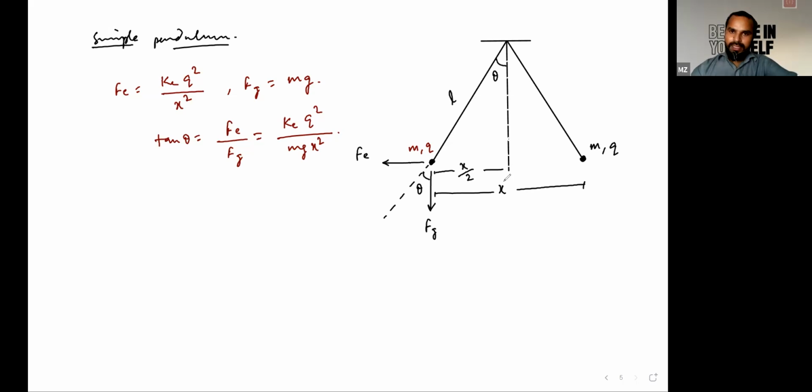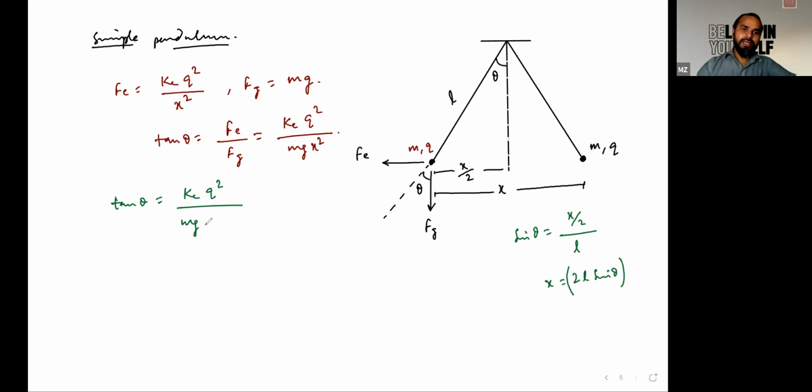Yes, sir. Now in this triangle, here we have theta, this is your perpendicular and this is your hypotenuse. So sine theta is perpendicular over hypotenuse, so x equals 2 times L sine theta. Just put the value of x in this expression. It will be tan theta equals K Q square by mg times 4L square sine square theta. This is the final expression.